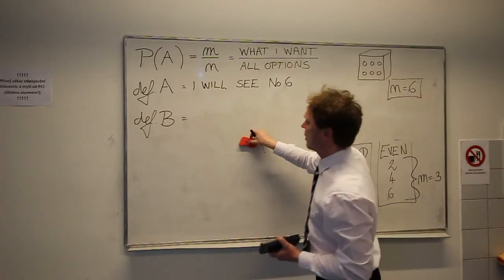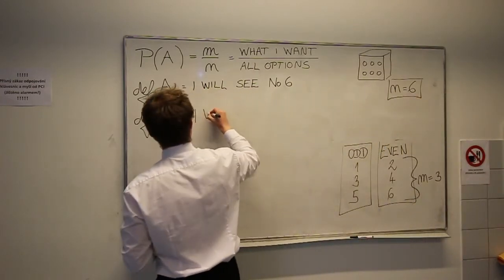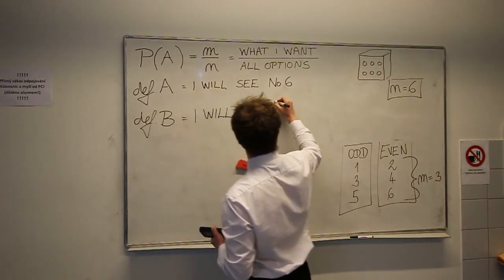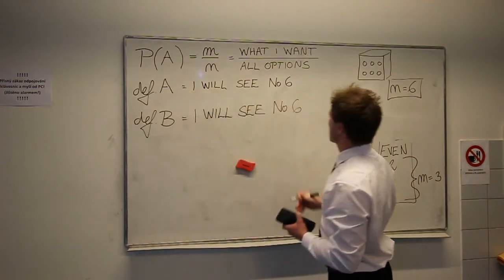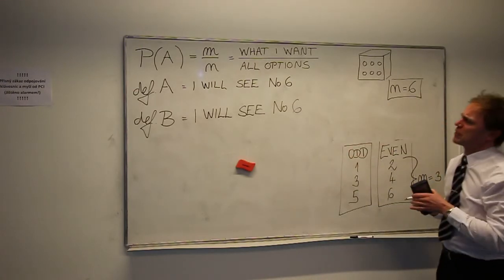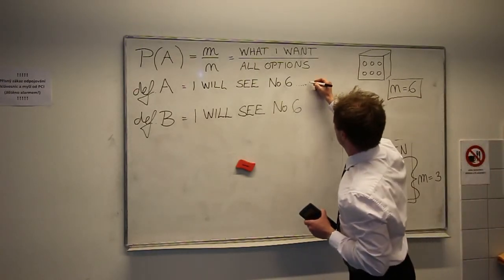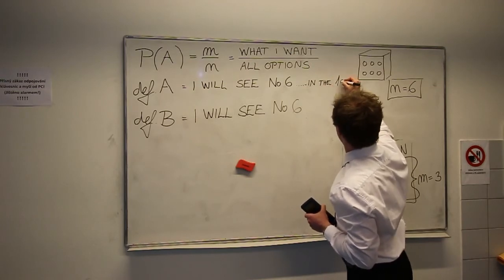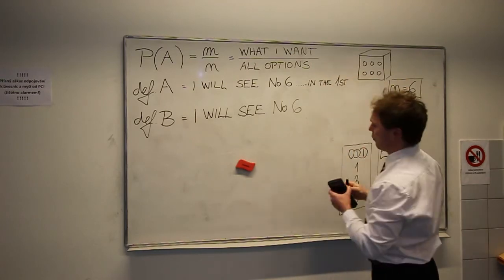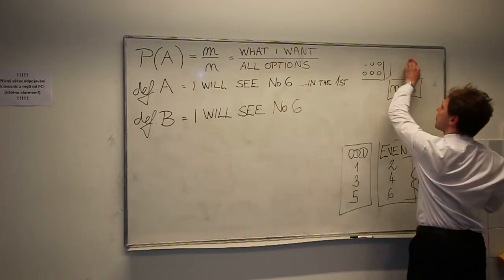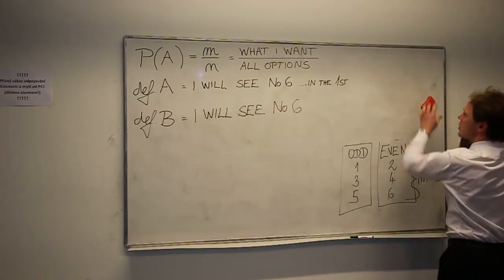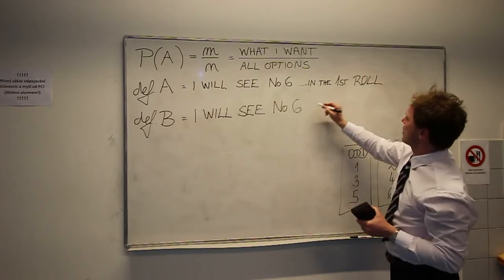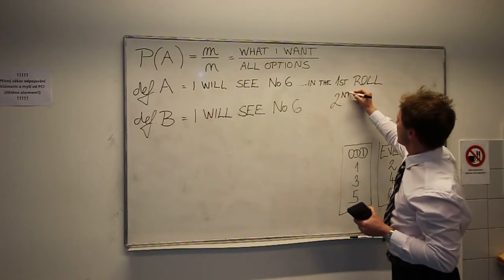And the definition of B: I will see number 6 in the second attempt. So there will be written the first roll, for example, and there the second.